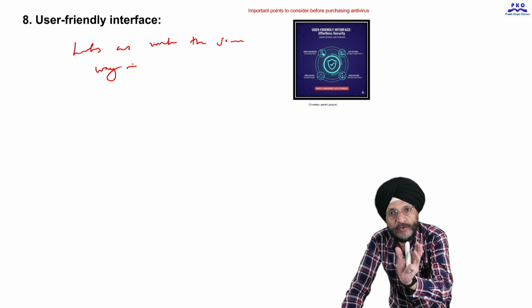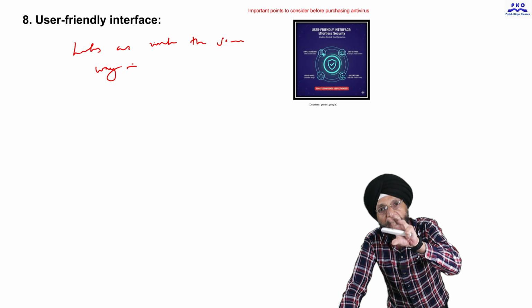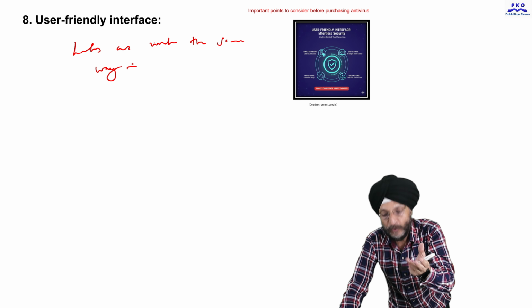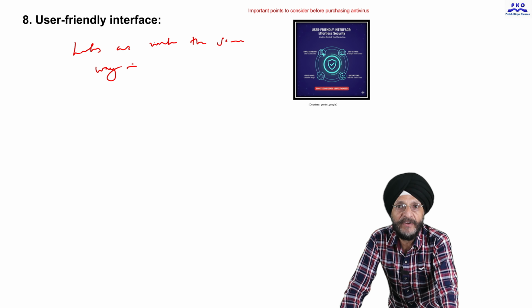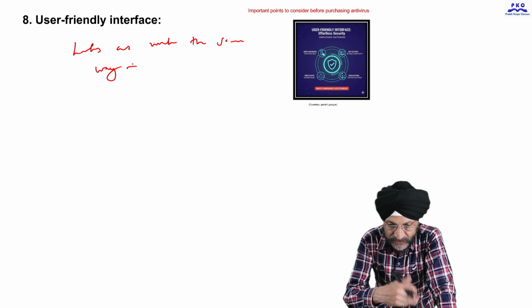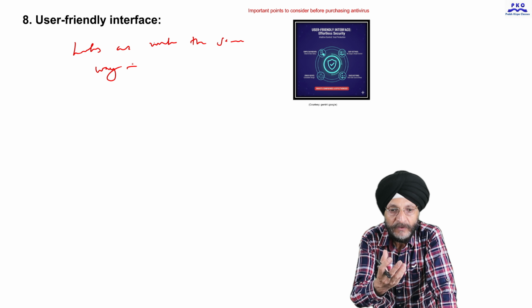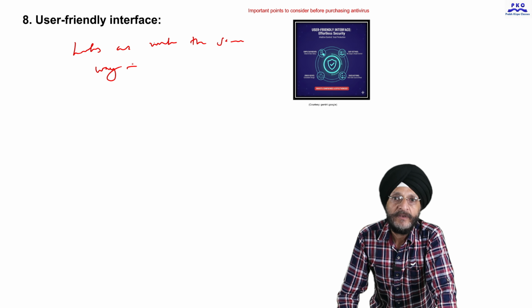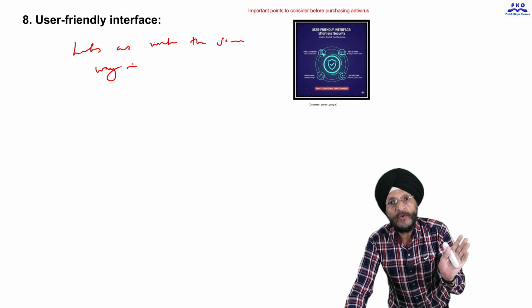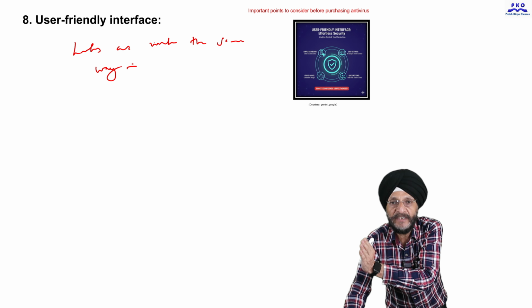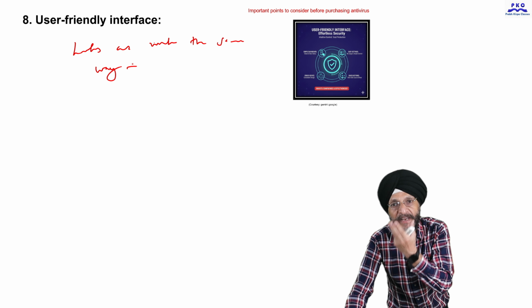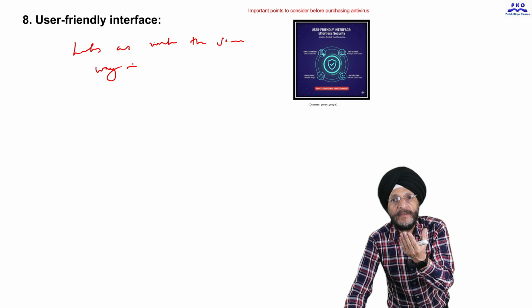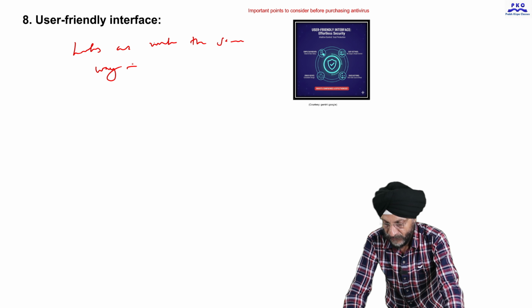The antivirus software should look in the same way and should also work in the same way. It results into user satisfaction and ease of use. User is in a position to work smoothly with the antivirus software and get maximum usage or protection from the same.